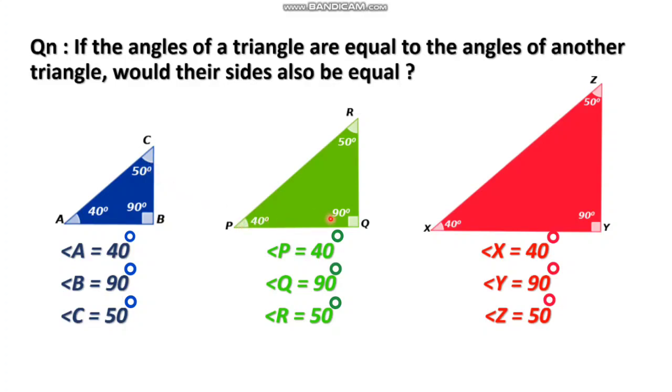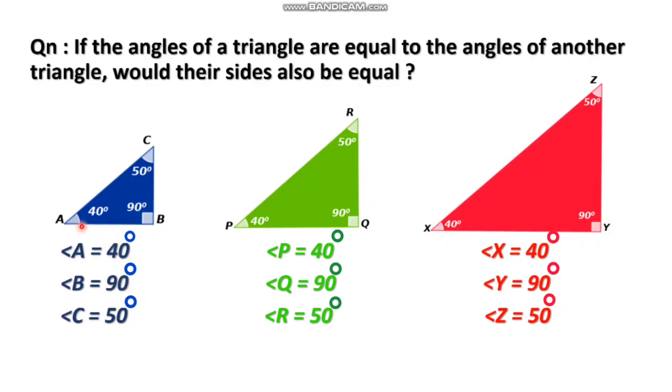And triangle PQR is also drawn with the same angles 40, 90 and 50. And third triangle XYZ is drawn with angles 40, 90 and 50 degree. That means these three triangles are drawn with the same angles 40, 90 and 50 degree. Now look at the length of its sides.